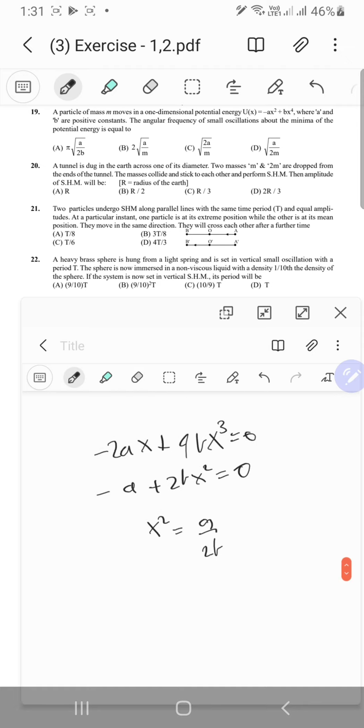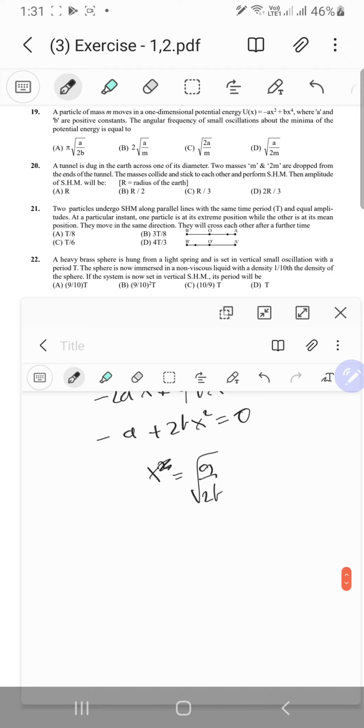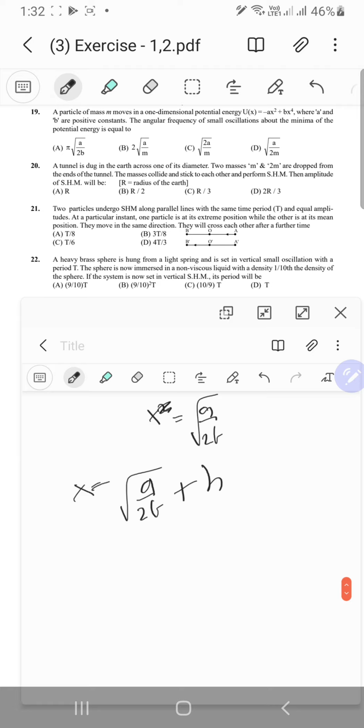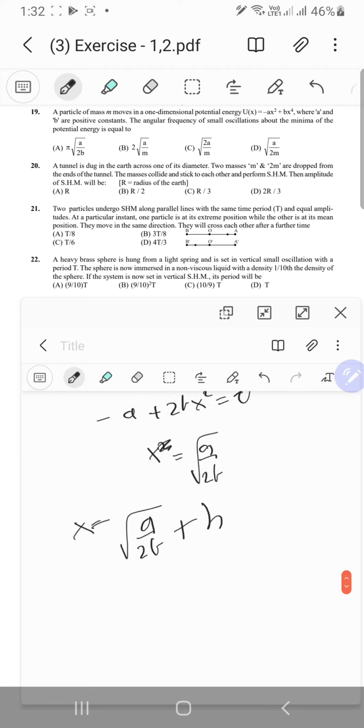So it's going to be doing SHM about it. x equal to plus or minus, both will work pretty much the same way. So for our purpose, we will just take the positive square root. Since we want to do SHM about it, let's say x equals square root of a upon 2b plus some small quantity h. So this is a small length.